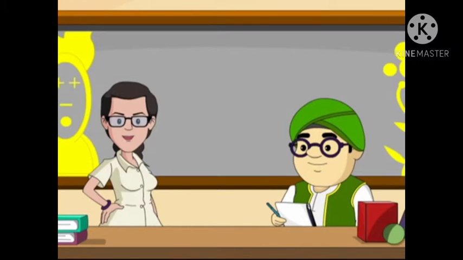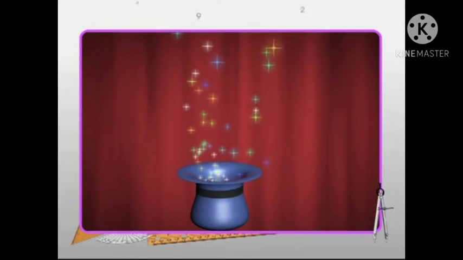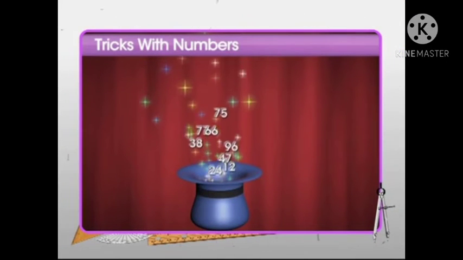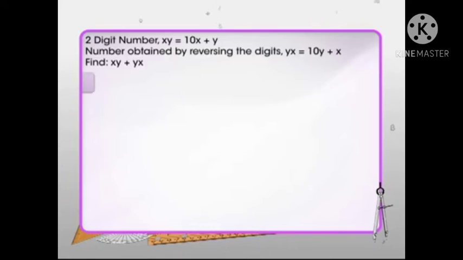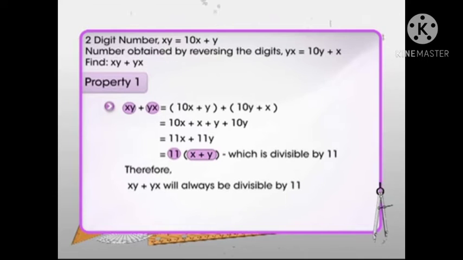Well, let's enter the virtual world to discover more such interesting mathematical games. Let's look at a few interesting tricks with numbers. The first one: adding a 2-digit number xy and its reverse yx will yield the number 11 times (x plus y), which will always be divisible by 11.